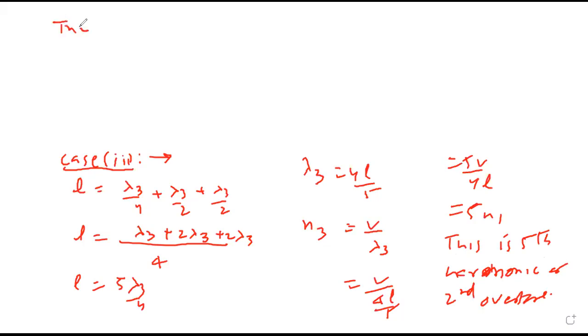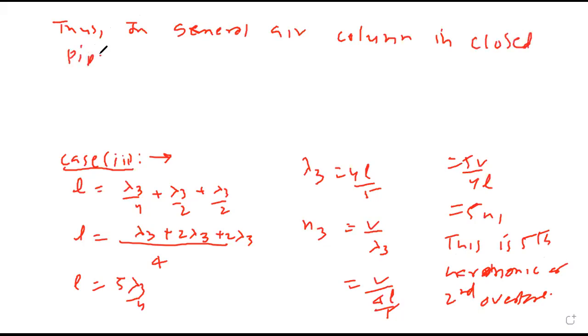So thus, in general, air column in closed pipe vibrates with only odd harmonics.